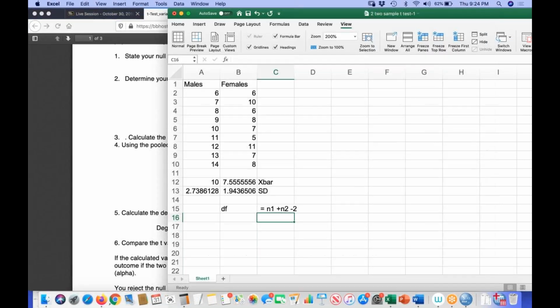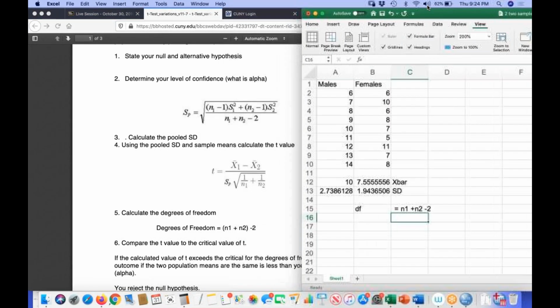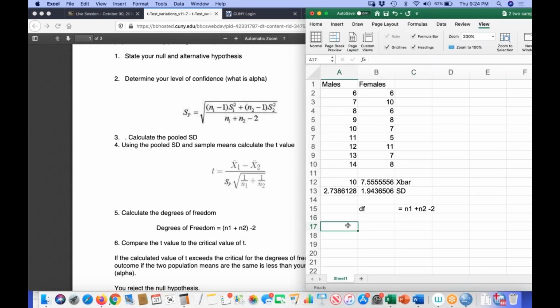If I want to do this in Excel, Sp, the pooled standard deviation, is equal to 8, since n minus 1 is 8, times the standard deviation for males squared.